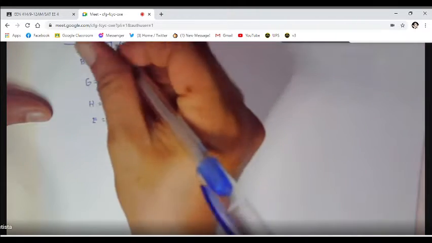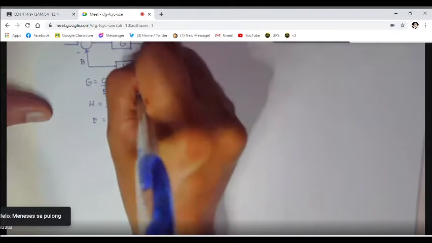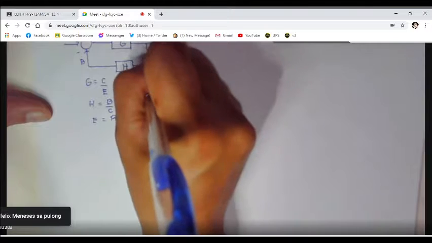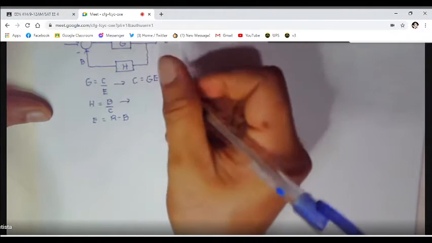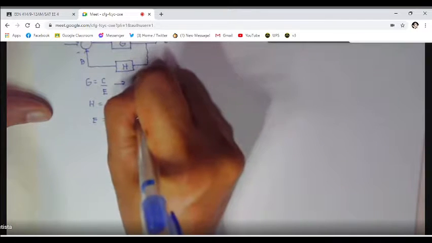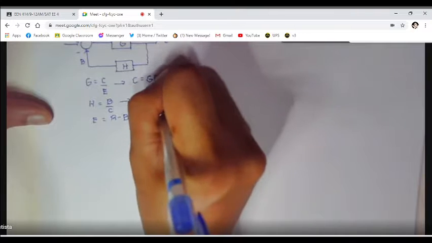Okay, now this one can be represented as C is equal to GE. And this one can be represented as B is equal to HC. So we just put GE and HC up there.